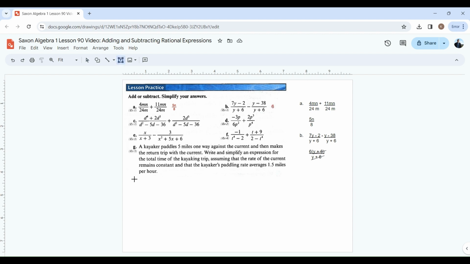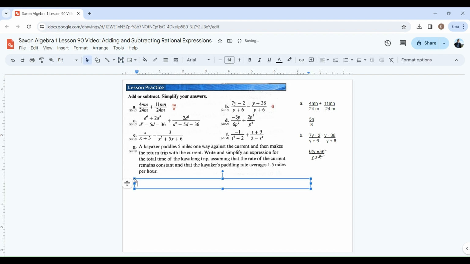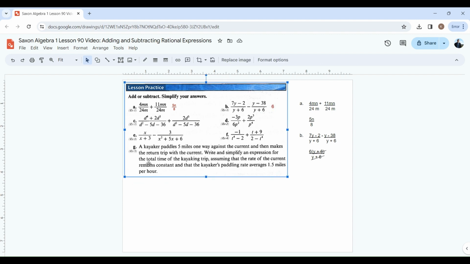All right, letter C. In letter C, let's see, on top, and I'm just going to do my addition right away this time because I'm getting good at this. I know the bottoms are the same. I'm just going to double check. Everything on the bottom of both fractions is the same. So this is going to be d to the fourth. Oh, hold on.